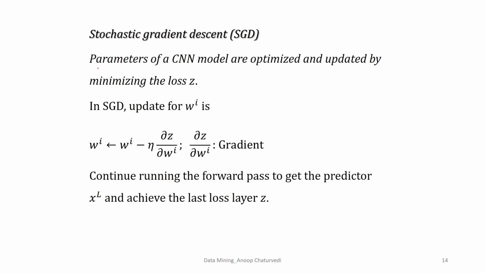Then parameters of CNN model are optimized and updated by minimizing the loss Z. And in the stochastic gradient descent, we update Wi as Wi minus eta del Z over del Wi, where del Z over del Wi is the gradient.